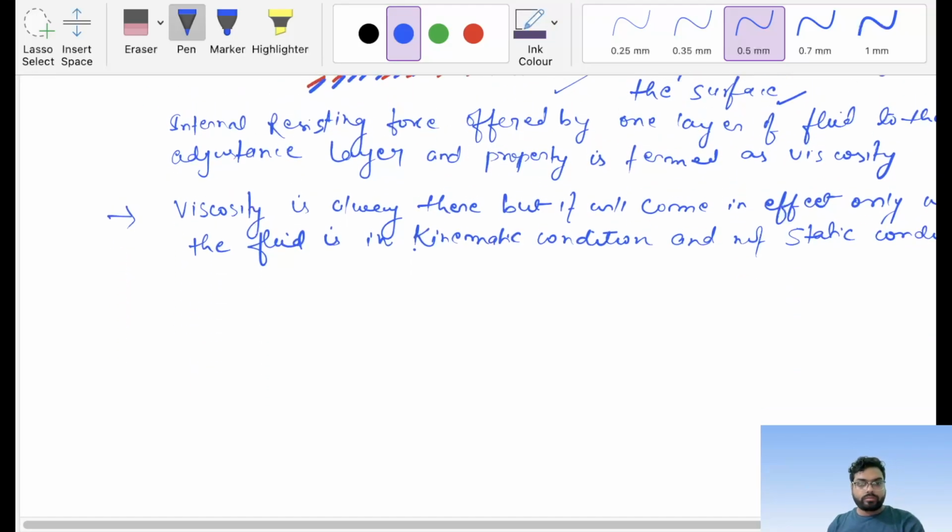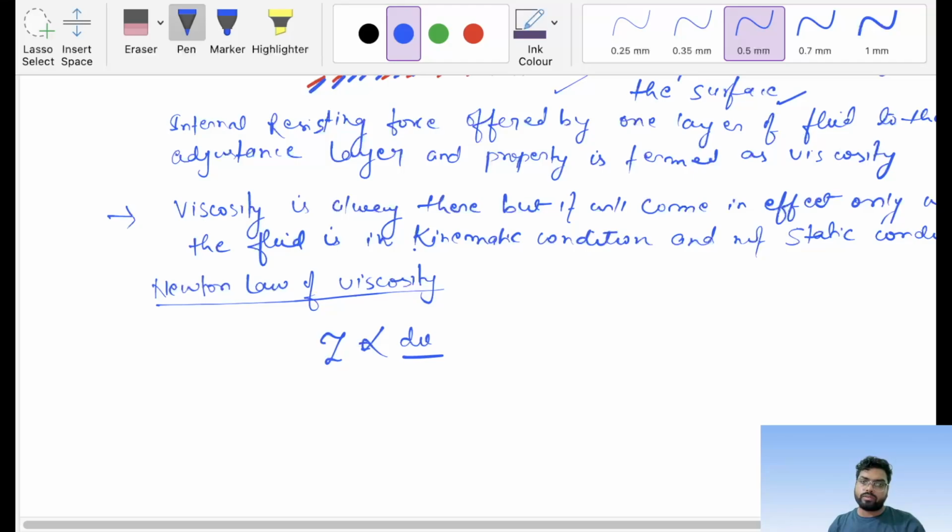Now, related to viscosity, we have Newton's law of viscosity. This law states that shear stress tau is directly proportional to the rate of change of velocity with respect to the direction perpendicular to the direction of flow.